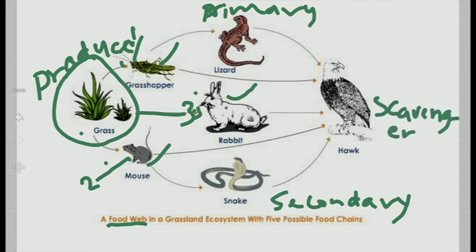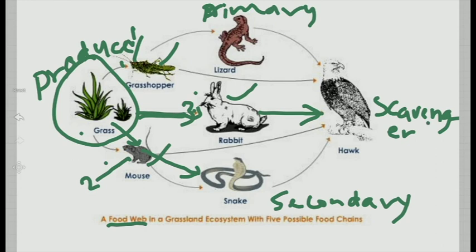Okay? In our case, we have grass to mouse, primary consumer, then to the snake, secondary because this one feeds on the mouse. The rabbit is the primary consumer, and then we have the hawk. In this case, because it's just feeding on the rabbit, it is the secondary consumer, but it also becomes a scavenger.